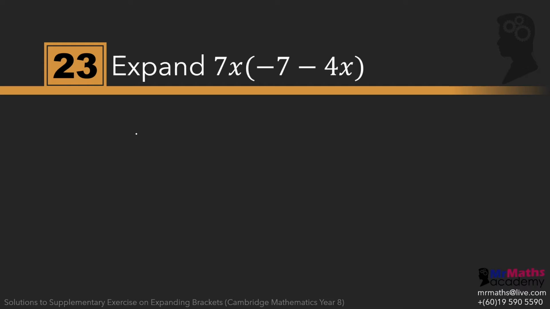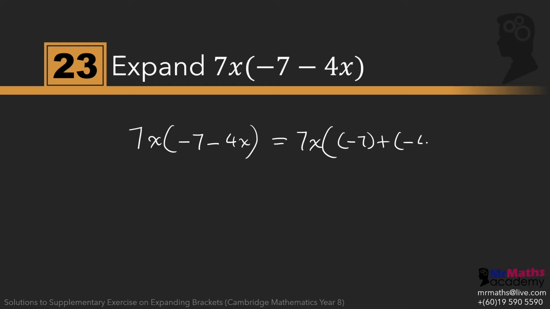Question 23. 7x minus 7 minus 4x. We have 2 negative terms inside the bracket, so I'm going to enclose them inside their own bracket now. Minus 7 plus minus 4x.